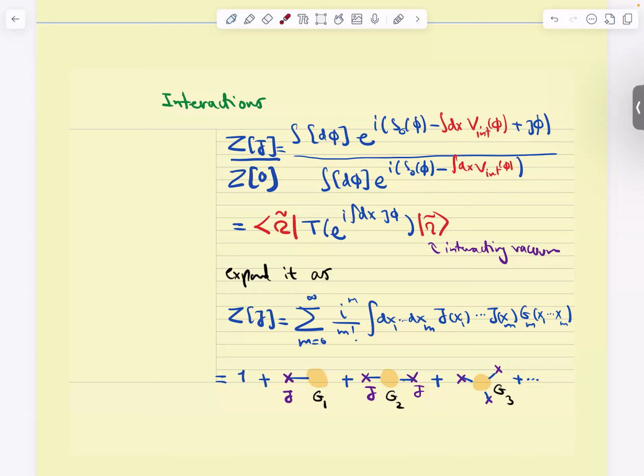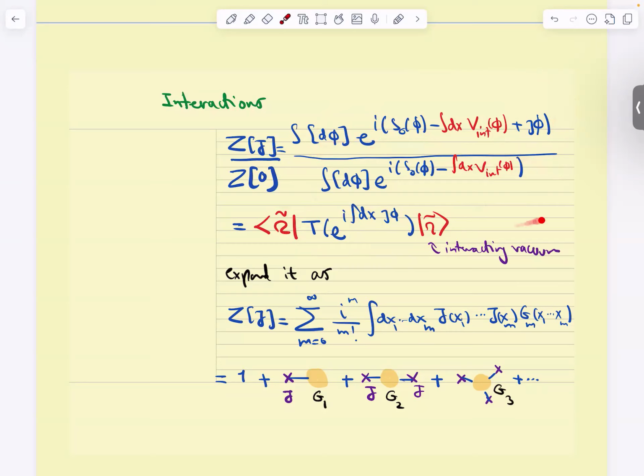All right. So this expression is, it's obvious that this is the expectation value of the time-ordered exponential of the source term, exponential of this term, in the interacting vacuum, right? What is this?